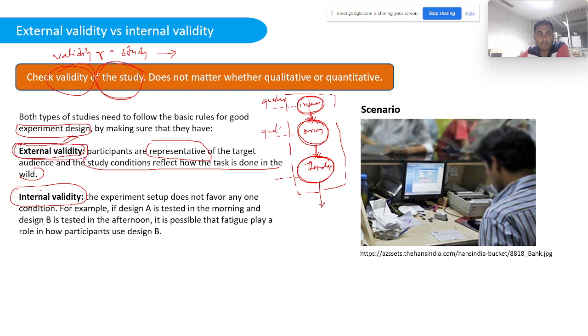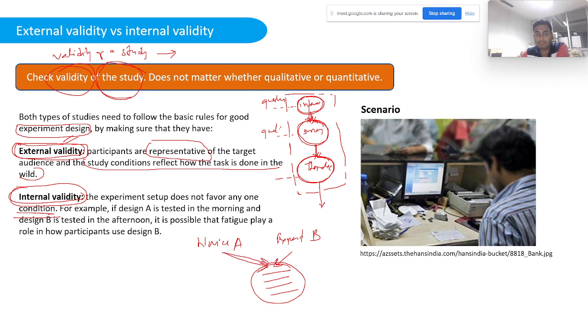Similarly, internal validity means your experiment should not favor any particular condition. That means when you are conducting that study, it should not include any sort of bias. For example, if you bring a novice user and then an expert user, and take their inputs in common to derive information on your requirements, then that will be biased information.